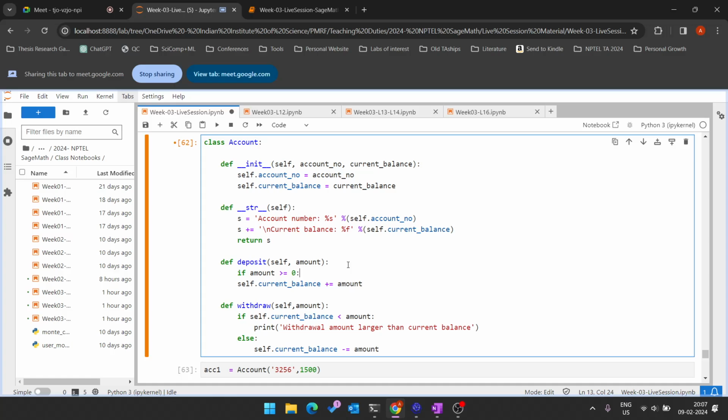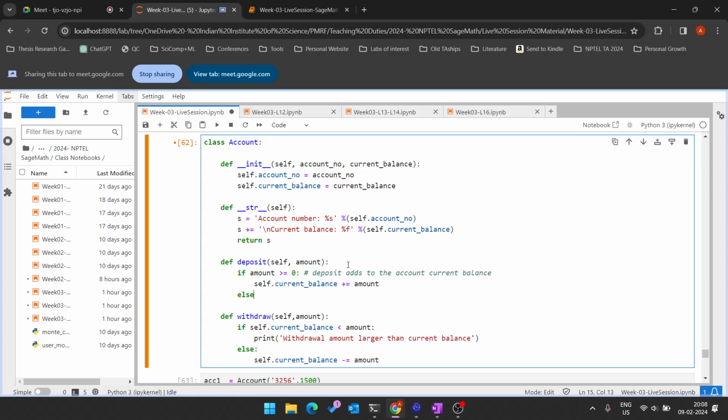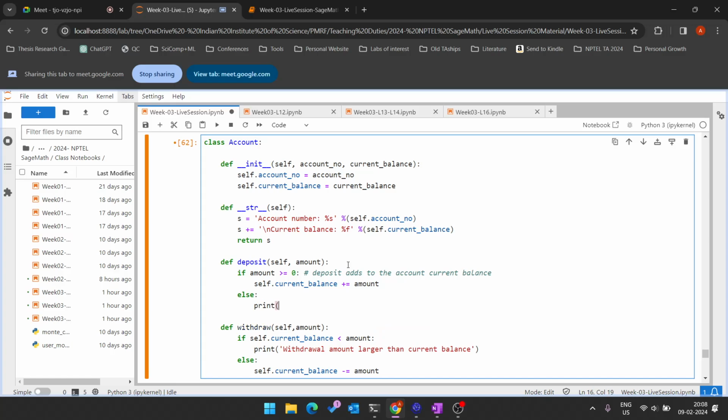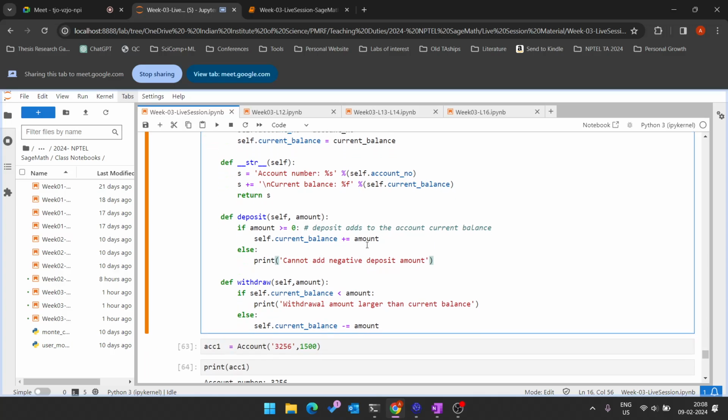So we are ensuring that our deposit adds to the account current balance. Cannot add negative deposit amount. Okay, so simple thing here, but anyways, this is what we have.